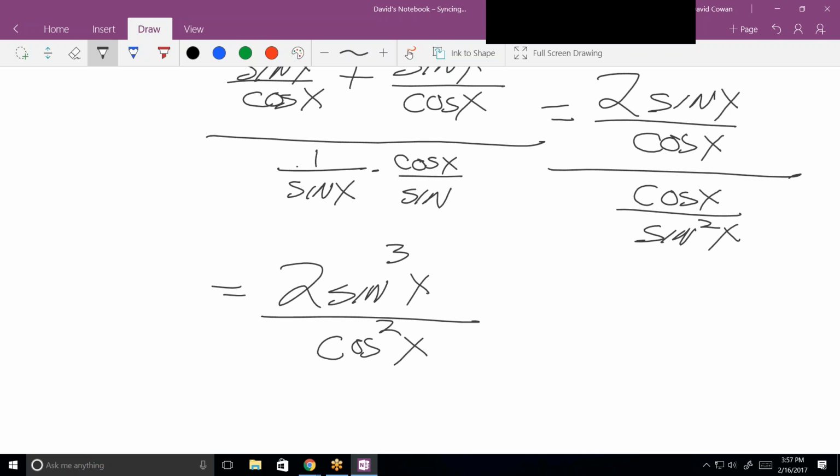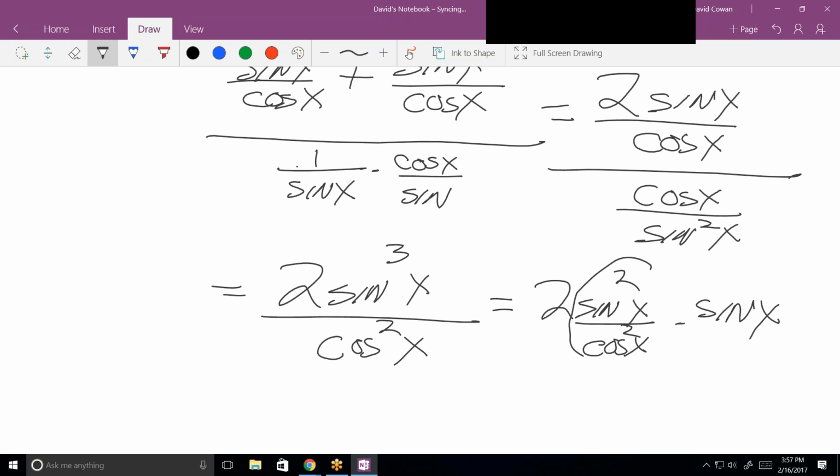Now, that might be a final answer, but I can separate it into 2 sine squared of x over cosine squared of x times sine of x, and that is tangent squared. So my final answer might look like this.